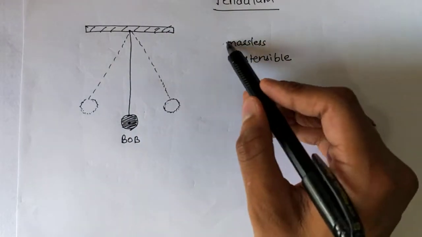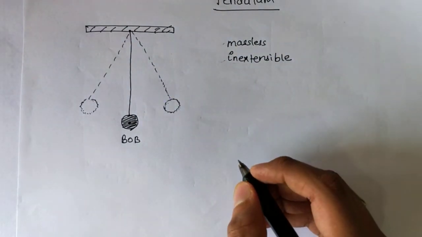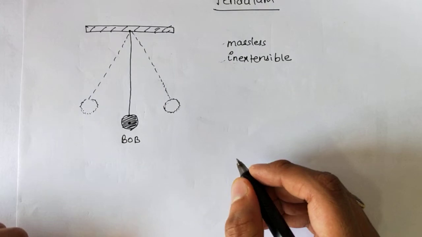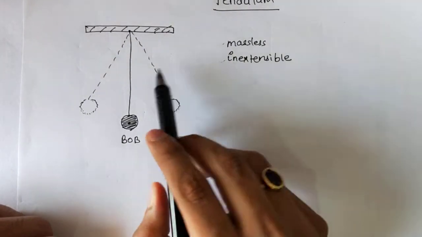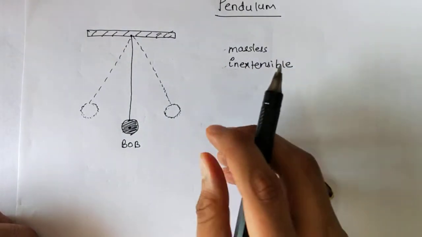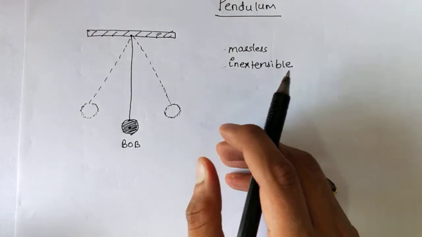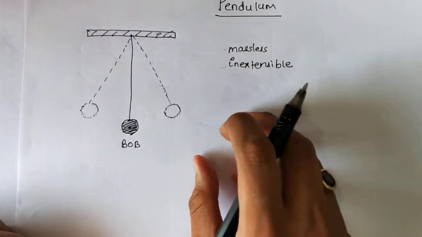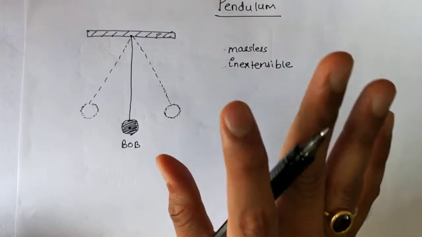So it is a massless and inextensible string, and this is a very simple pendulum. We are only going to study the simple pendulum. There is something called a compound pendulum also, which is used in watches and clocks. Those are different pendulums. This is a simple pendulum.